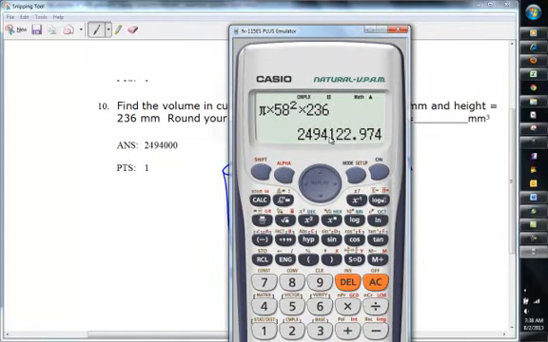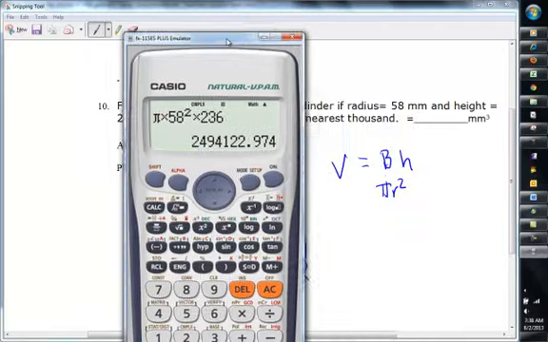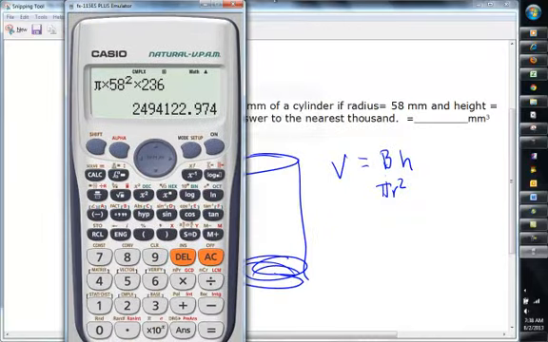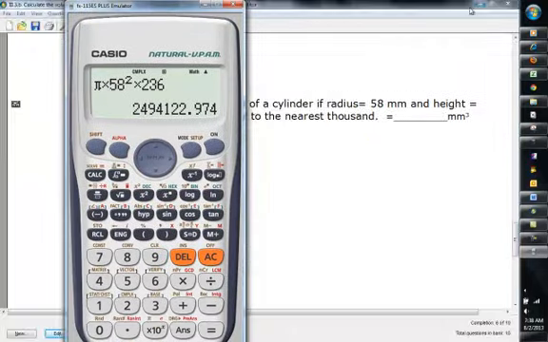Rounded to the nearest 1,000 would be 2,494,000 millimeters cubed. This is lesson 3.3.B.